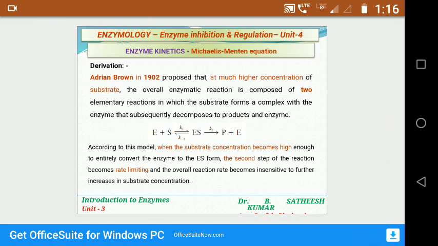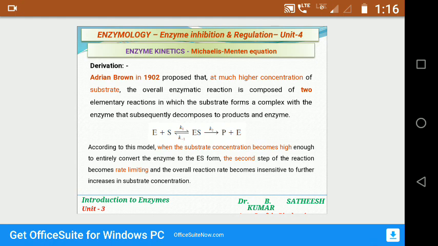So this is the reaction where the product is formed from the enzyme substrate complex, the key reaction stage, which is the rate limiting step, the slower one.